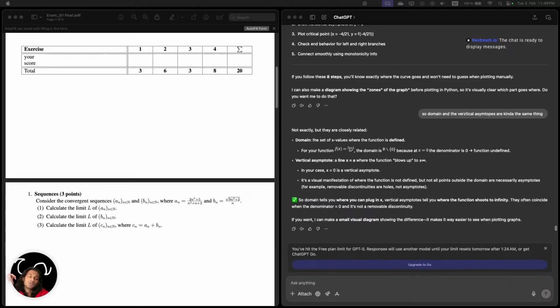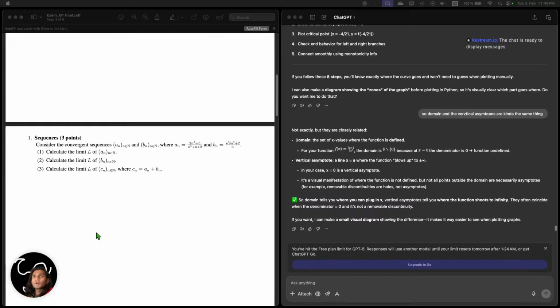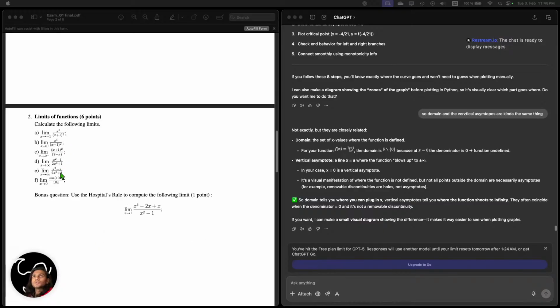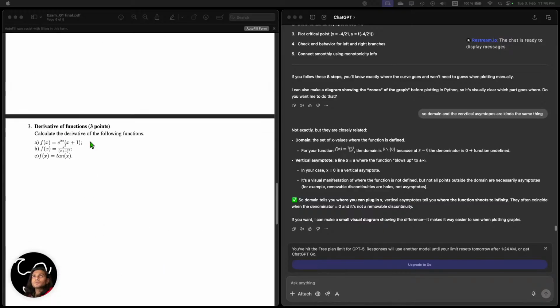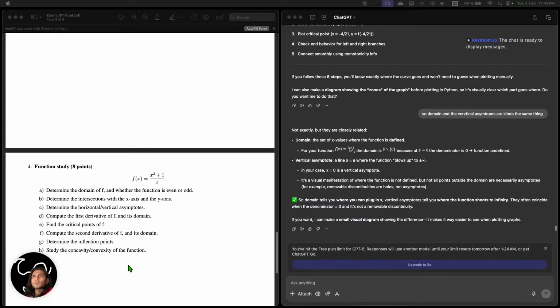I need to find the minima and maxima. That is found using denominator zero, right? Is that how it works? Derivative of the following function. Wait. Yeah. So here.